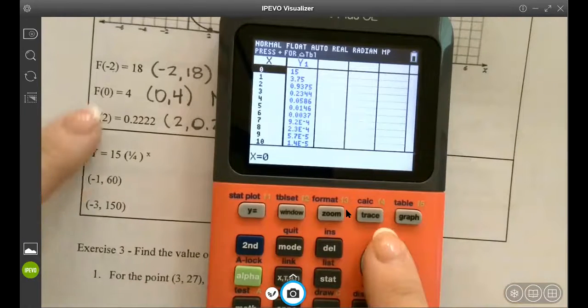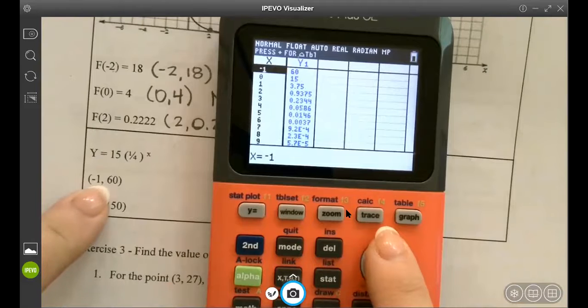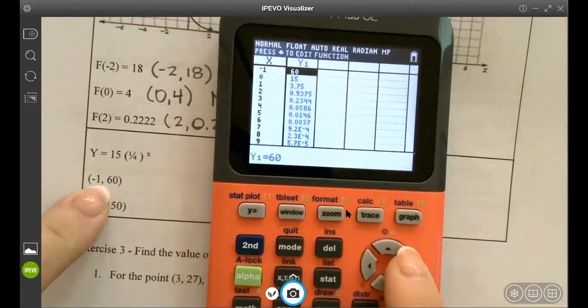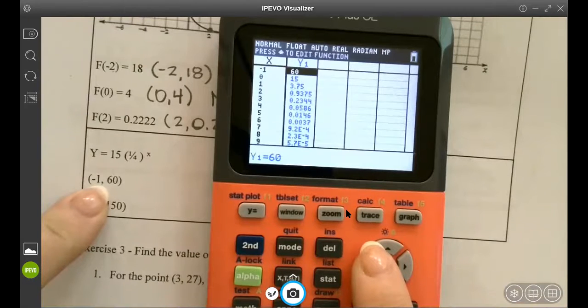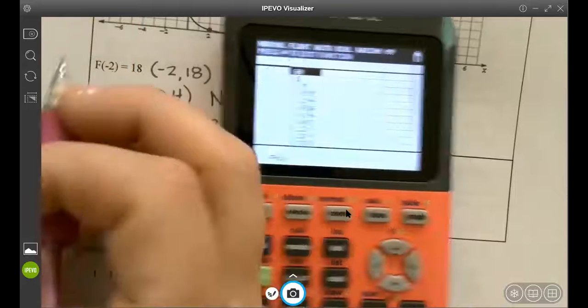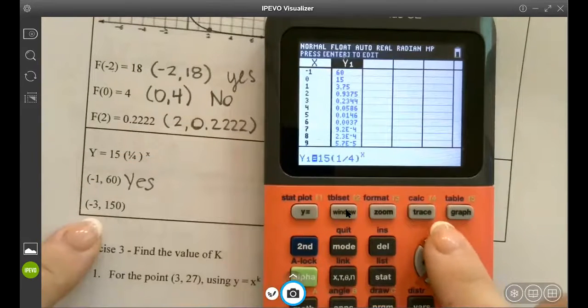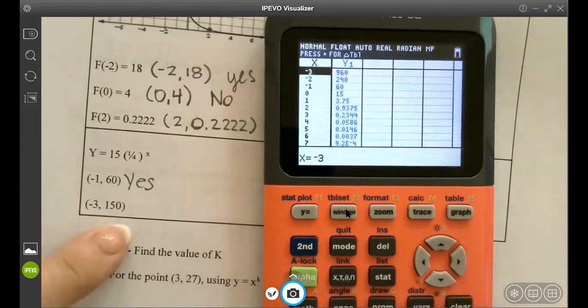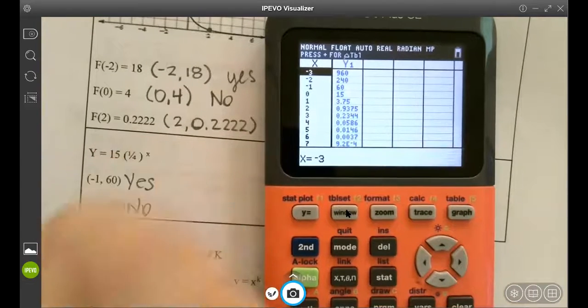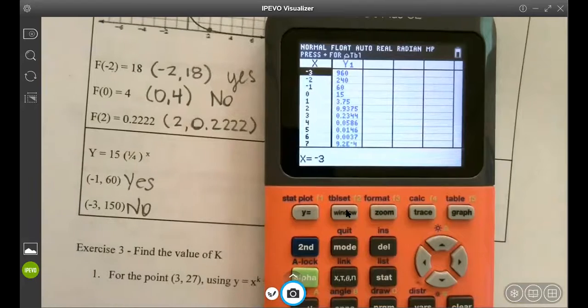All right. I need -1. Is it -160 on my table? Read my table. Does it say -160? Yes. Then that's a yes. Read my table again at -3. Is it 150? No, that's all you do. Just read your table. Is that point there or not?